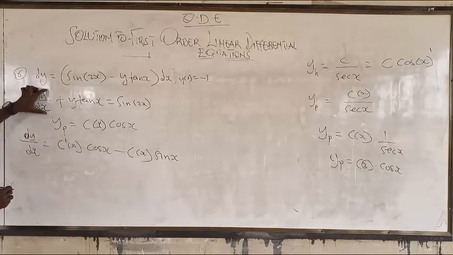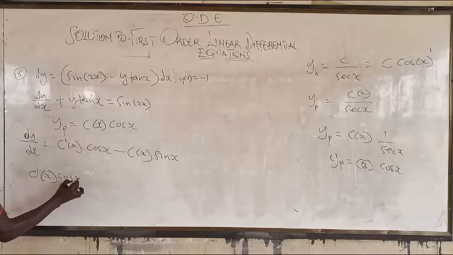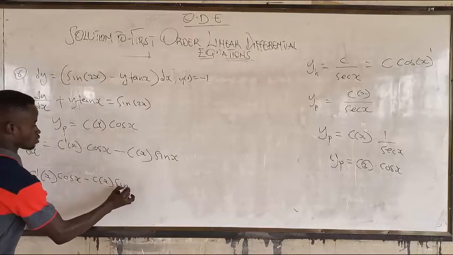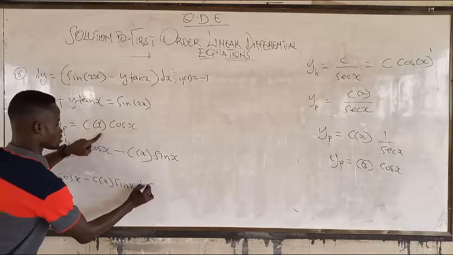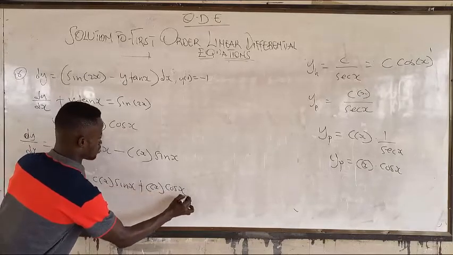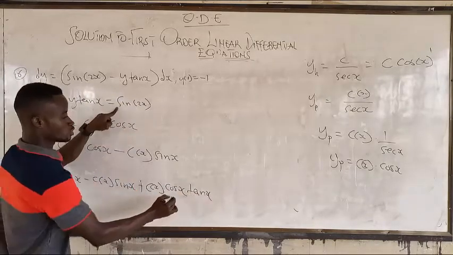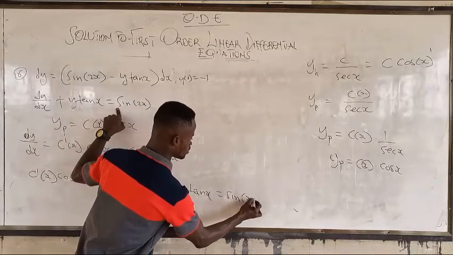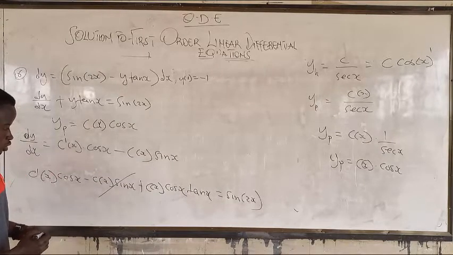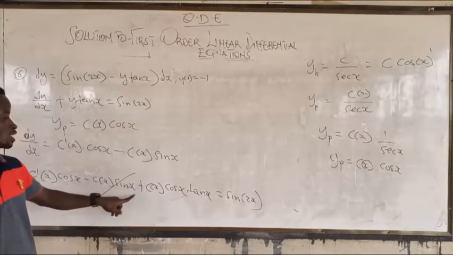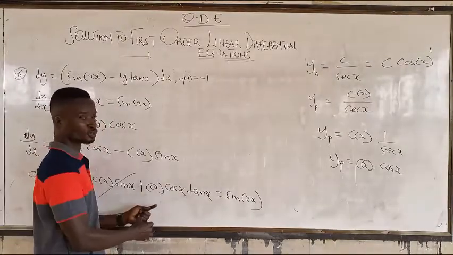So by substitution, the derivative y prime is this, plus the y is this, then the y multiplied times tan x to be equal to sin 2x. Oh, you can see that this is not the same as this, but it's still the same thing. Watch. So that I can cancel it for you.